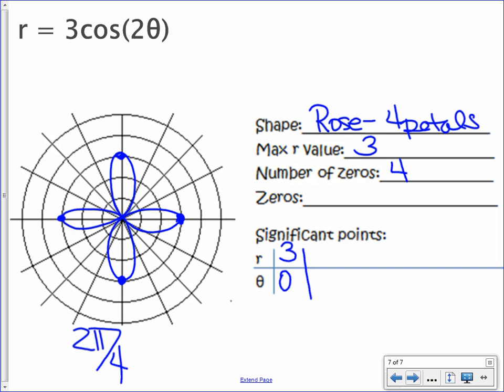How do we find those zeros? Plug in 0. Okay, I'm going to let you find me the zeros. Do you know how many there needs to be? We've set up the equation. You do the rest.